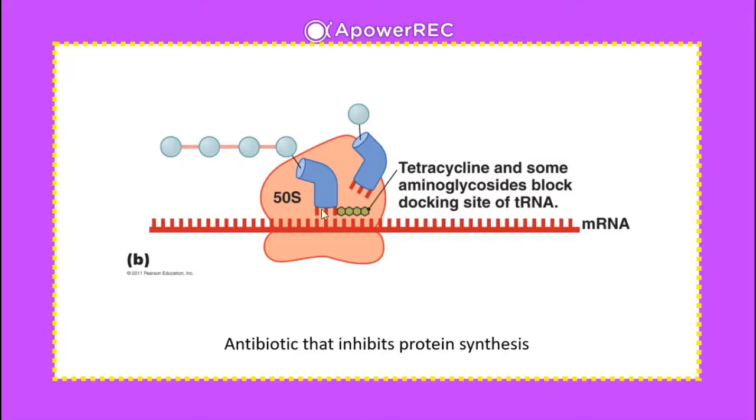In this image, the little L shape represents the tRNA, and because it cannot dock in the next codon region, it won't donate this amino acid. This is only going to be effective on the 50S subunit. However, mitochondria do have a 50S subunit, so this would be somewhat toxic to eukaryotic cells as well.